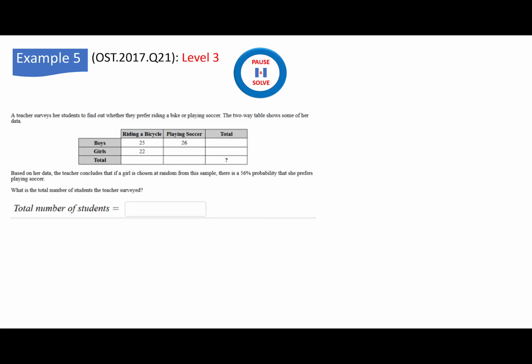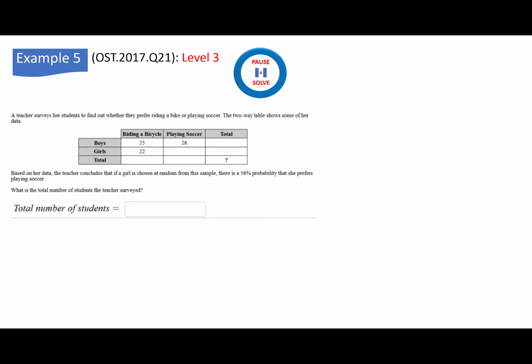Example 5. This is another interesting example. A teacher surveys her students to find out whether they prefer riding a bike or playing soccer. The two-way table shows some of her data.